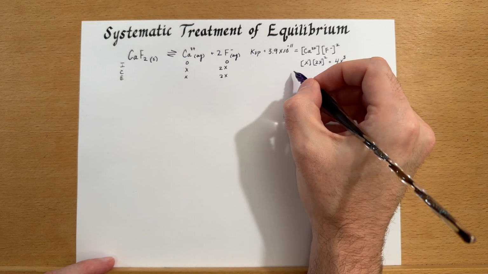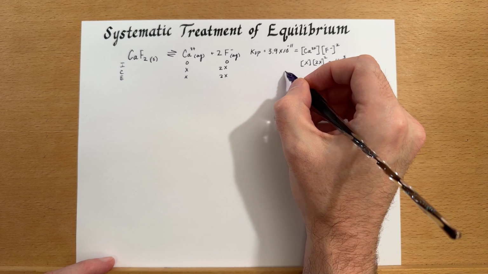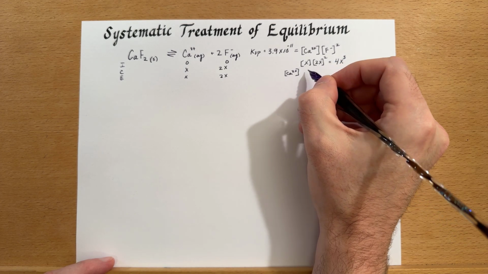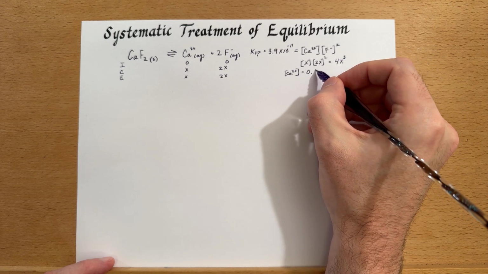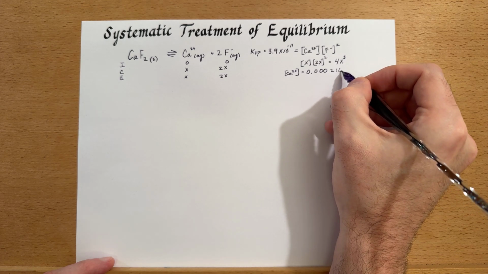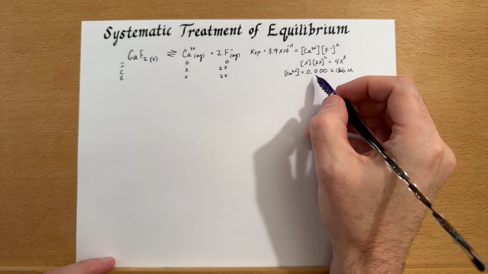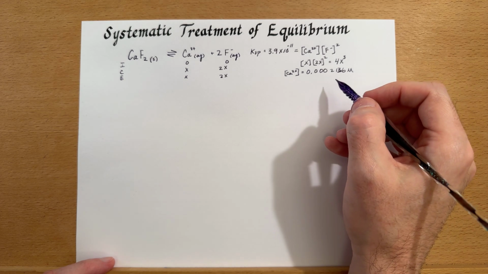And then if we solve for x, which is also the concentration of calcium, we would get this: 0.002136 molar.